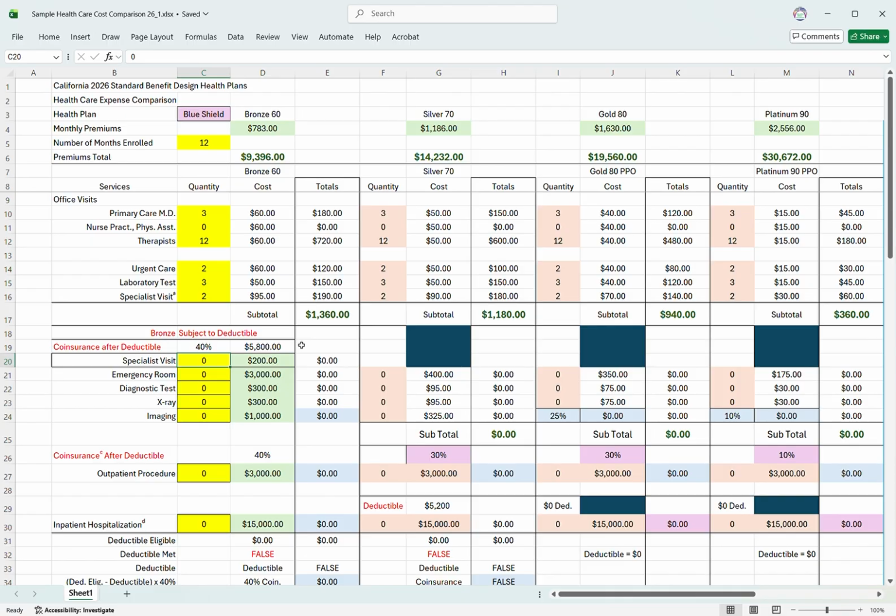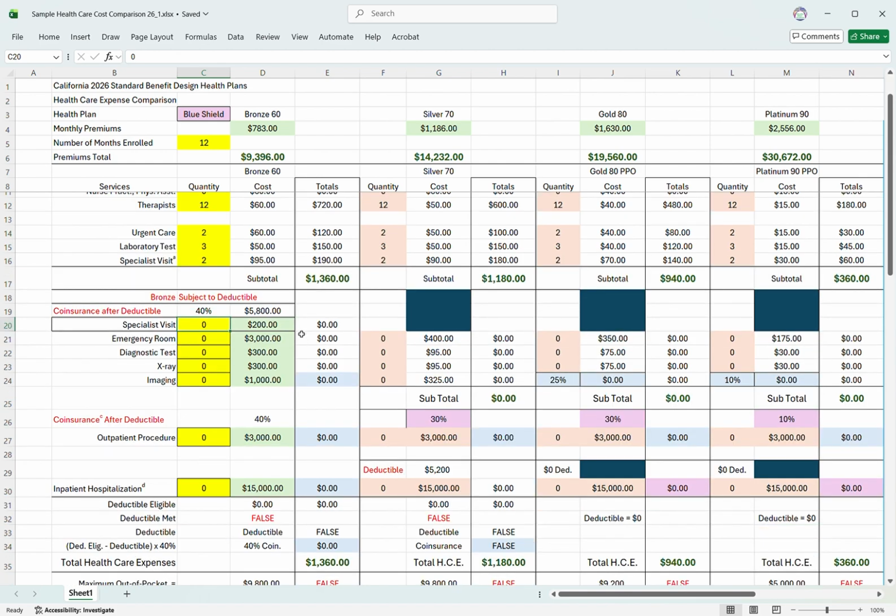With the bronze plan, there are some healthcare services that are subject to a medical deductible. So those are set aside a little bit differently. Again, the green cells, if you know the rate for the service, you can put that in there so it'll be populated across when it is figuring everything out.